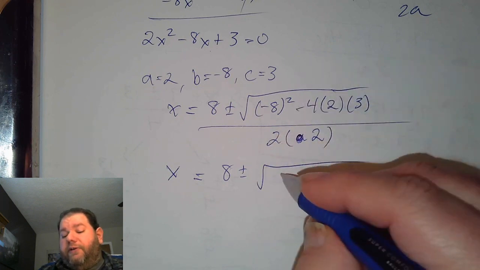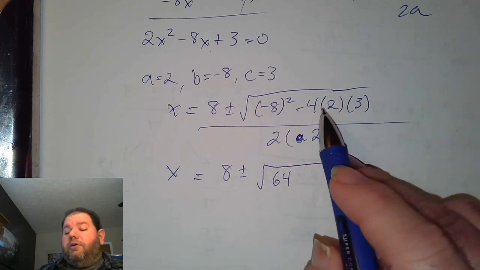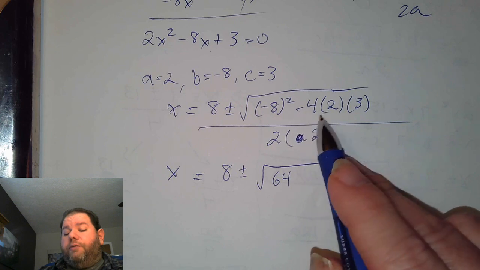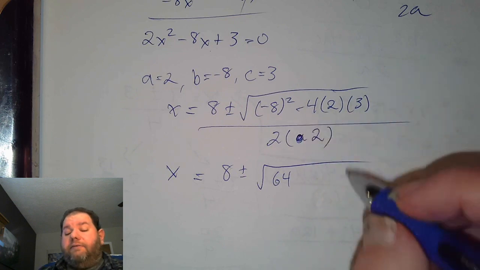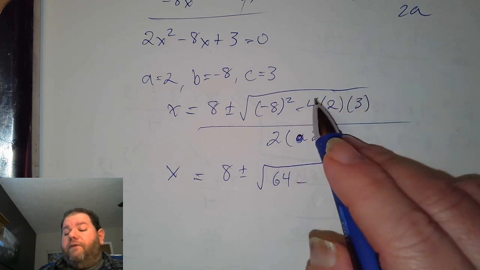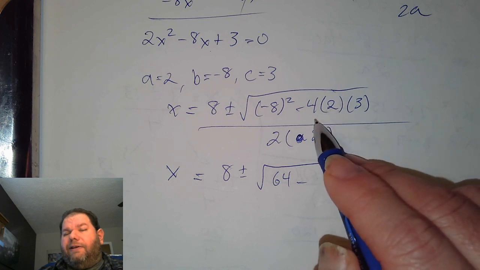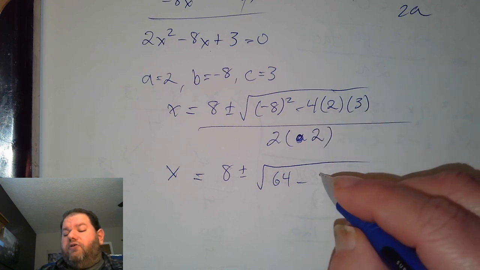So negative 8 squared, 64. Now, notice that we only have the 1 minus here, so we'll stay negative this time. And we have 4 times 2, which is 8, times 3 is 24.